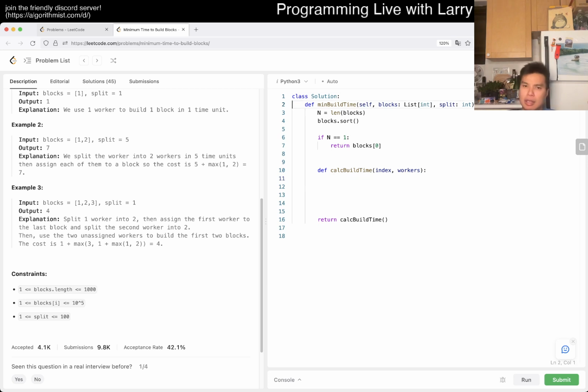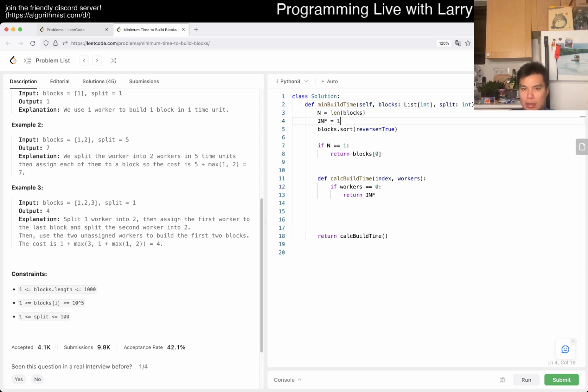Maybe I still did need to do it anyways, because you always want to assign workers in reverse order anyway. Okay, so then now here, if index is equal to n, then we return 0 because our job is done.